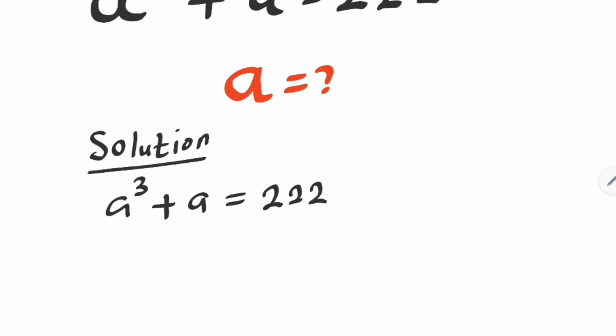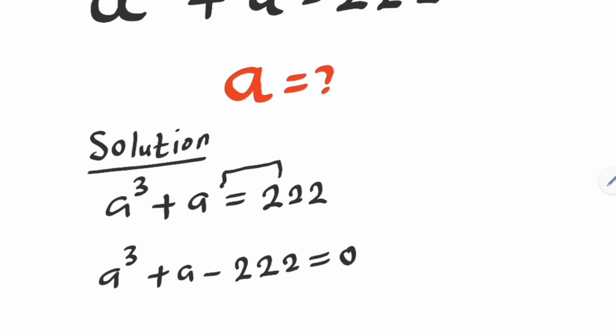This can be written as a raised to power 3 plus a. If you bring this 222 to this side, it becomes minus 222 is equal to 0.